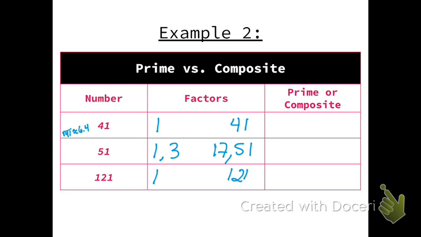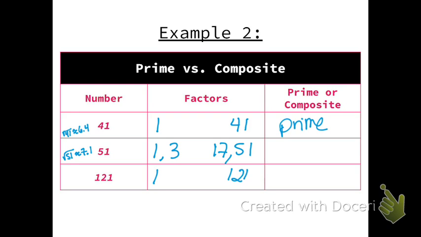So it turns out 41 is prime because the only numbers that divide 41 are 1 and 41. Now moving on to 51, the square root of 51 was already about 7. We've also checked all of these, because we checked all the way up to 10 already. We really only needed to check things up to 7.